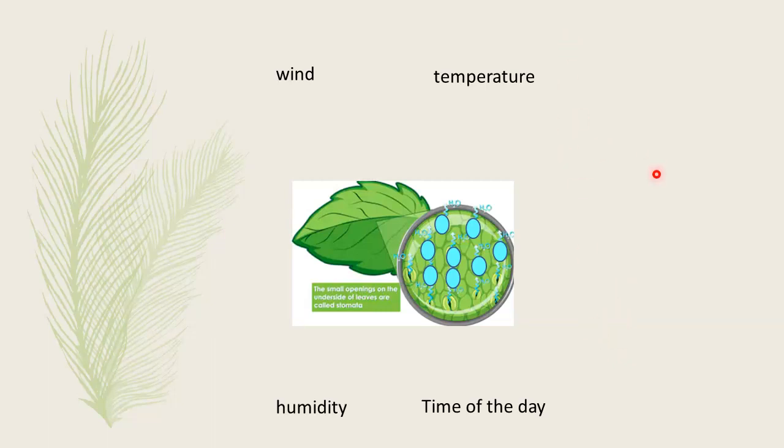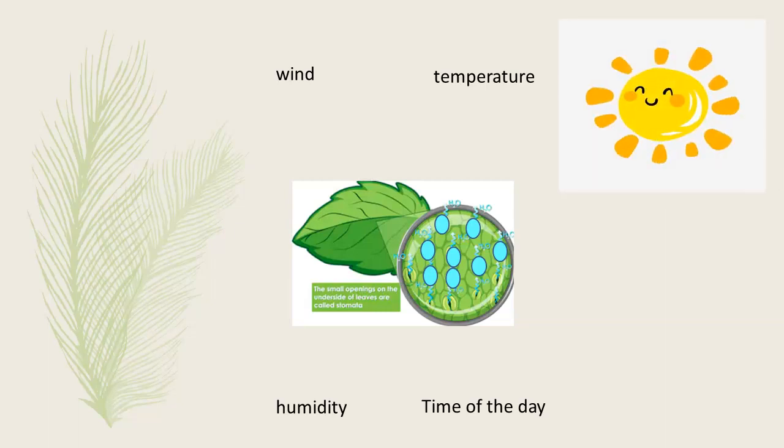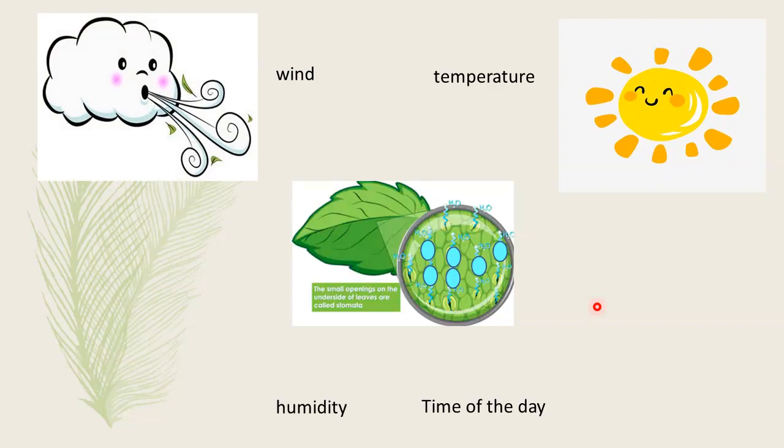The first thing is temperature. Sun. When the temperature is hot, the molecules get so much energy, they get crazy, so they transpire or escape. Windy. During windy days, the water vapors which came out of the stomata will be blown away. So wind helps increase transpiration.